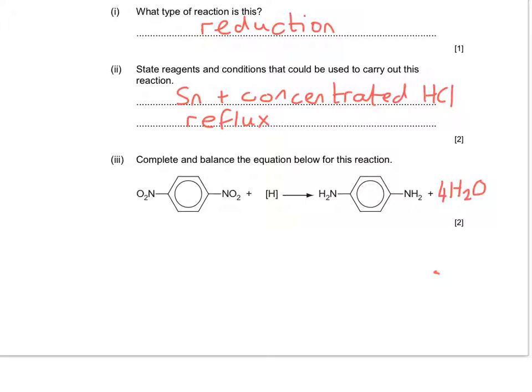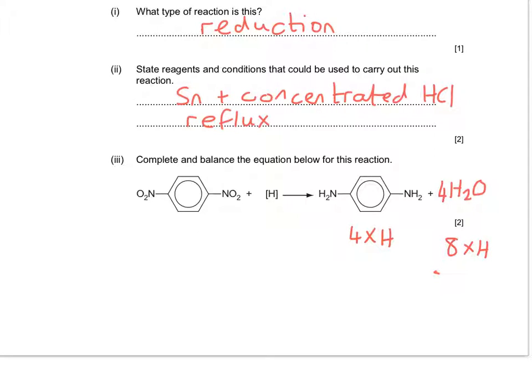plus you've also got the hydrogens in the amine groups. So in total, from the diaminobenzene, you have 4 hydrogens, and from the water you have 8 hydrogens.